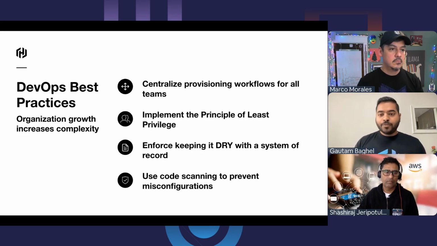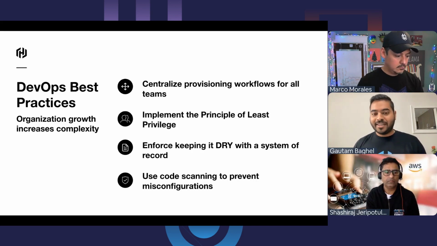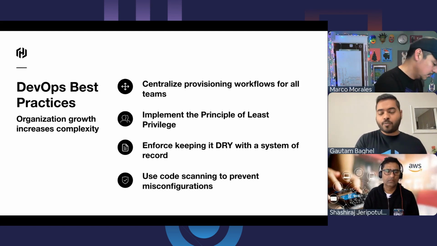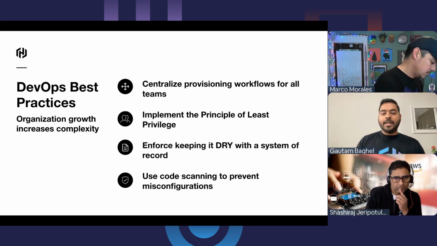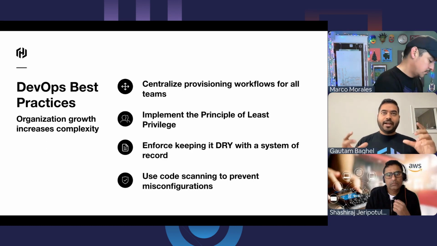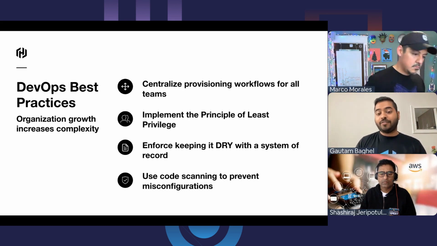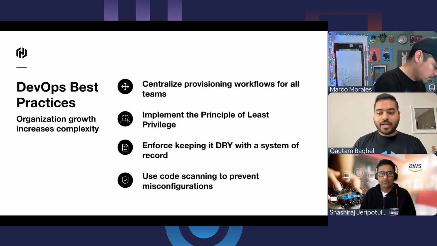If you don't want to give your intern access to your production environment, the intern still needs to be able to do some of the POC stuff they're working on, but they shouldn't have access to production, right? So essentially giving that level of control with RBAC: this is the access that this person has. It's very important, right?